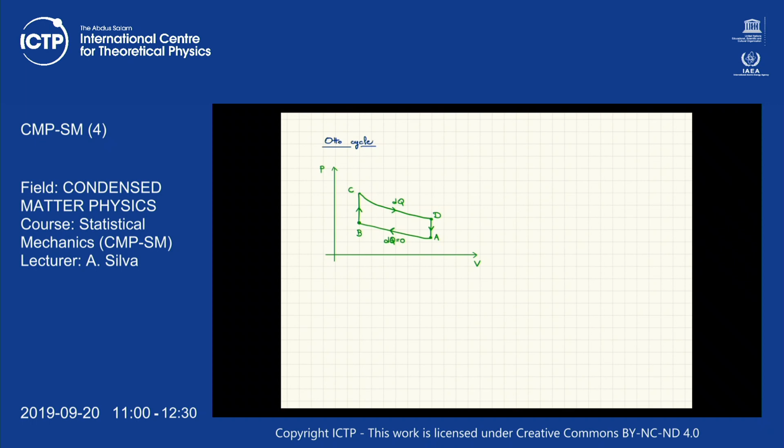Now, why did people start this crazy cycle? Because it looks very similar in spirit, not exactly, to what happens in a car, right? So what happens in a car? You know how a car is working? No, never seen the engine of a car.